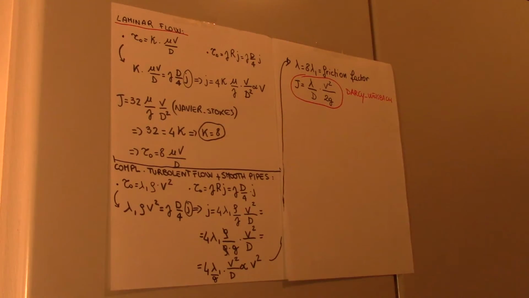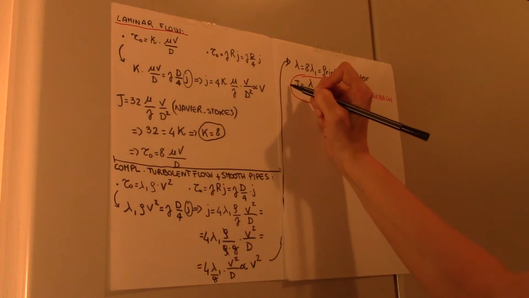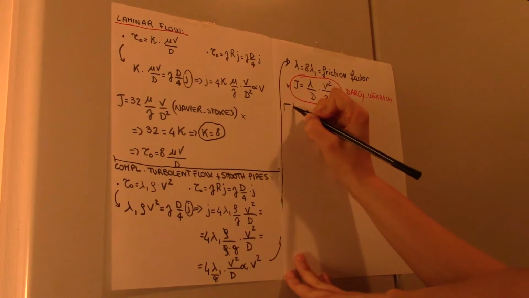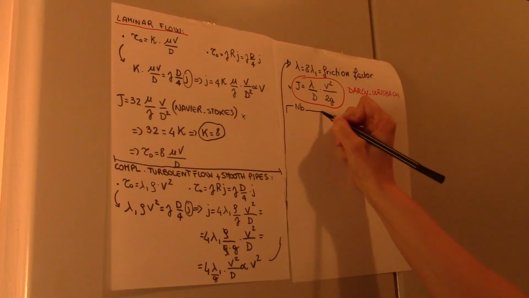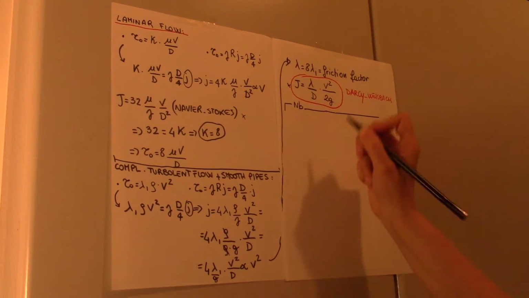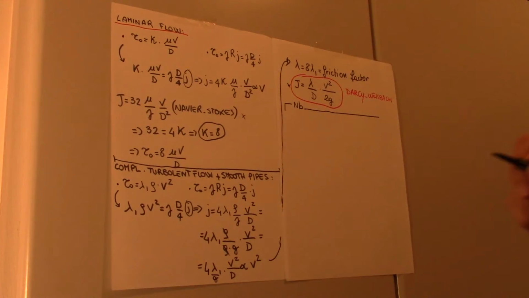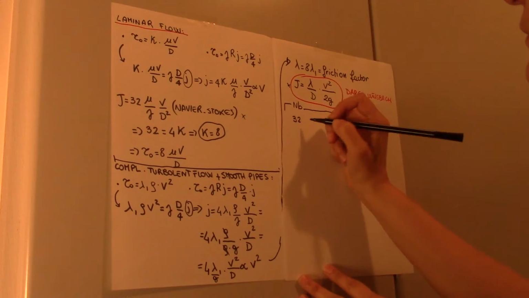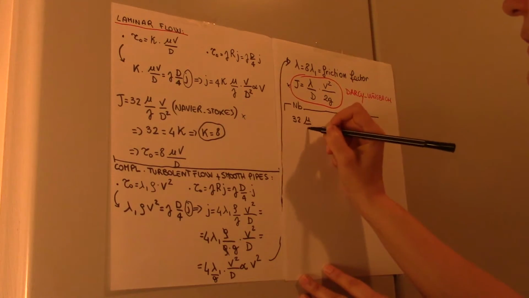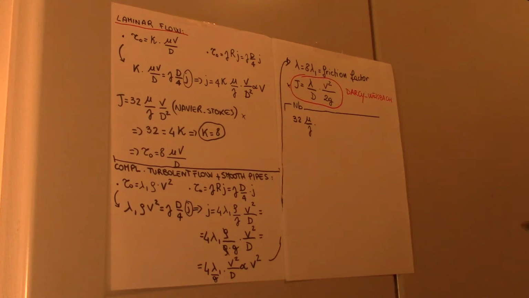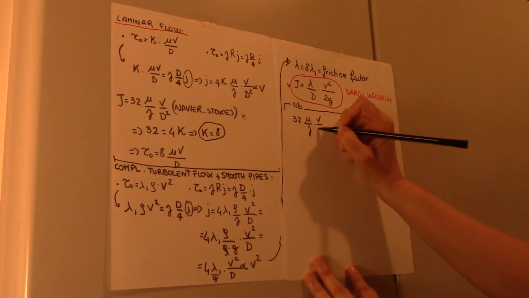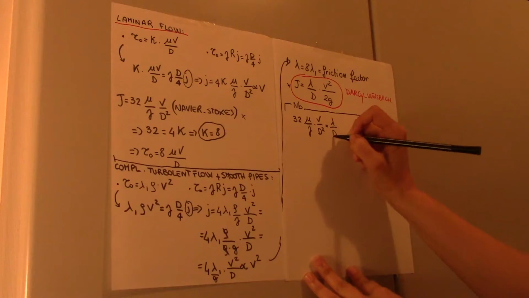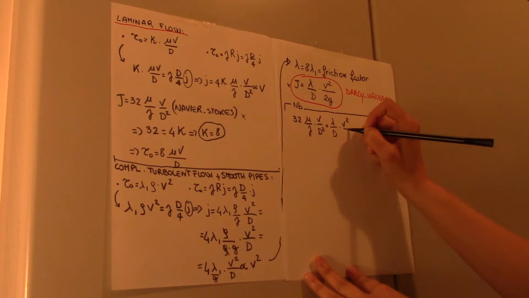Alright, so for example, we want to compare this thing right here with this thing right there. So it's a particular case, and it comes that 32 mu over gamma times v over d to the power of 2 is equal to, again, lambda over d times v to the power of 2 over 2g.